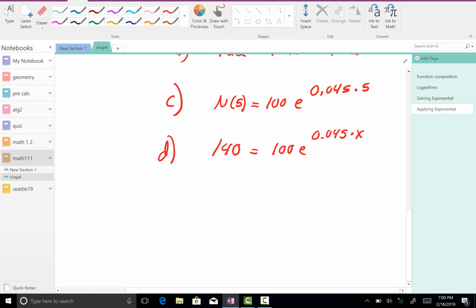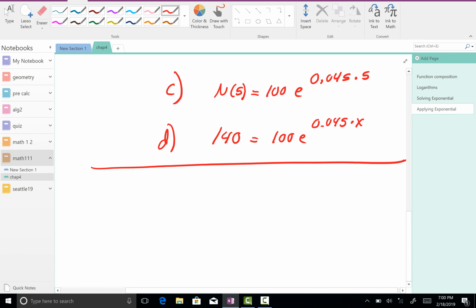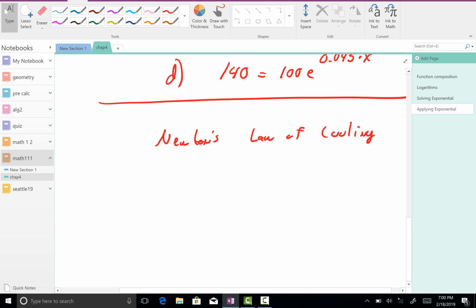The other one here is Newton's law of cooling. Which is this. And this is on page 352.